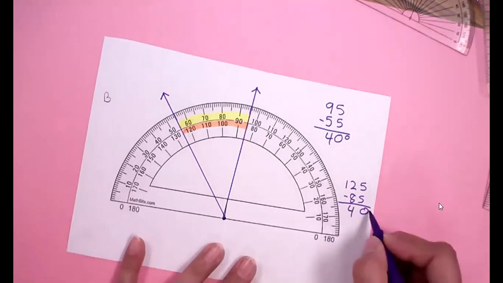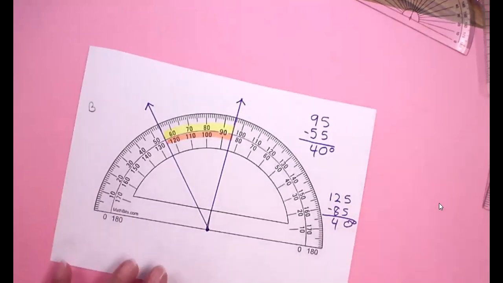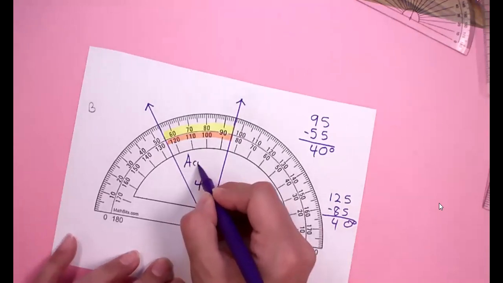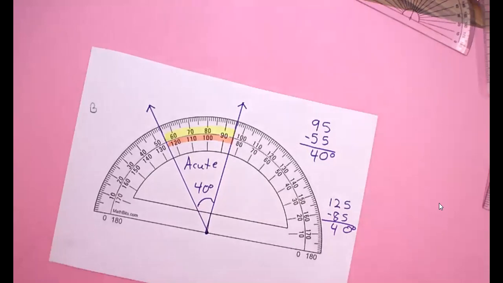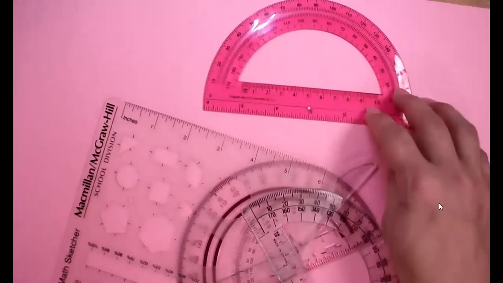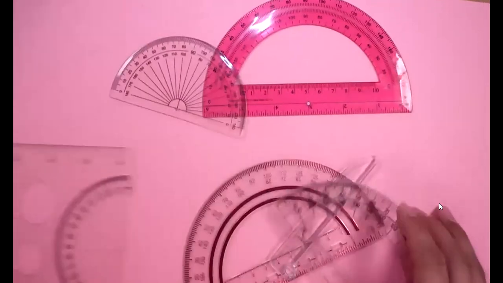And it would still be 40 degrees. So this angle right here measures 40 degrees, and it is acute. Okay? It is acute. That is how I measure my angles using any type of protractor that I have available.